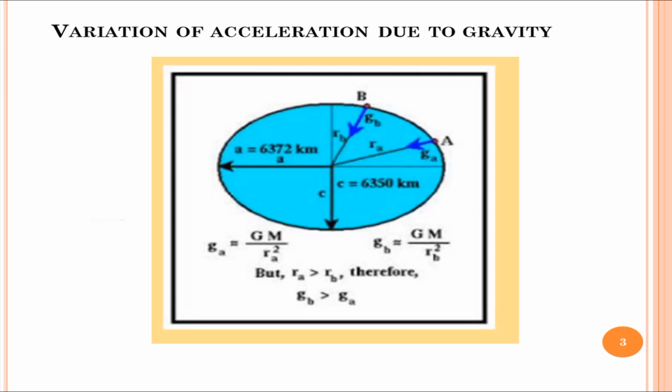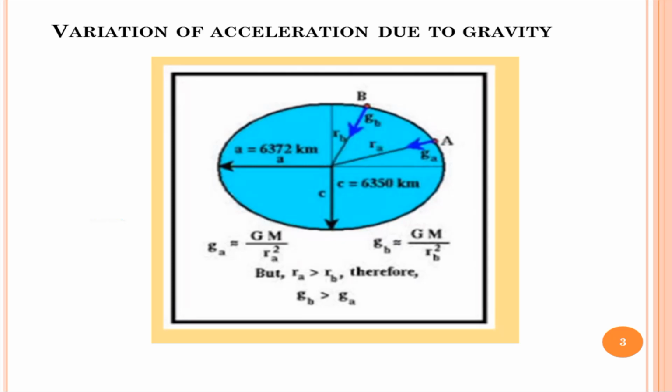So at point A, which is near the equator, the radius is more compared to the radius at point B. That is, RA is greater than RB. Here RA is the radius of the earth at point A and RB is the radius of the earth at point B. At point A, the value of acceleration due to gravity, small g, is given by G M divided by RA square.